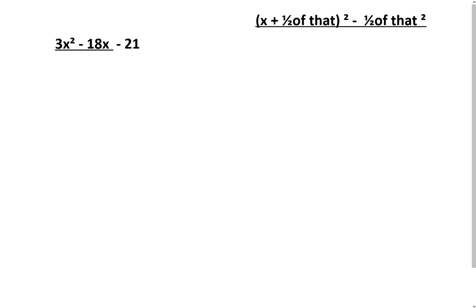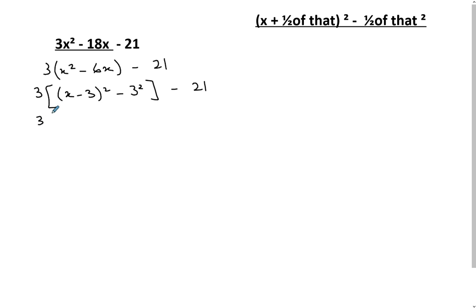Okay, this time we've got 3x squared minus 18x minus 21. So again, leave the minus 21, just factorize the x squared and the x, so minus 6x minus 21. Bring in your square brackets, sing the song, x minus half of that all squared, minus half of that squared, minus 21. 3 times (x minus 3) all squared.